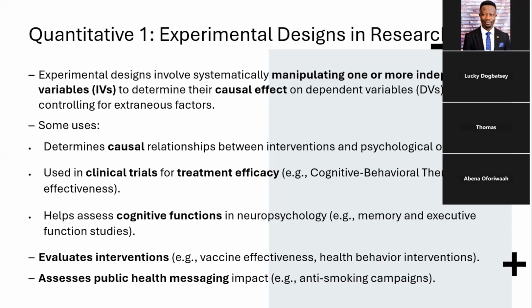But when you pick aggression in children, which is the key dependent variable, there may be several factors that can influence aggression apart from violent cartoons. So I'm asking you to give me some examples of factors that can influence aggression in children apart from watching violent cartoons.